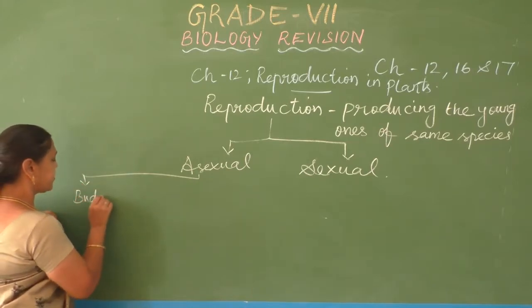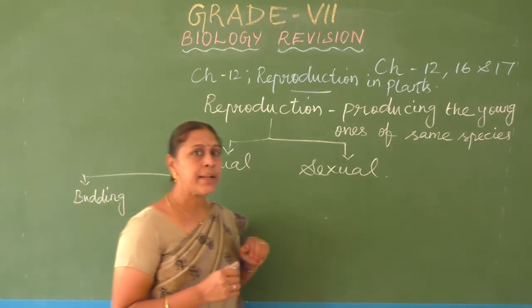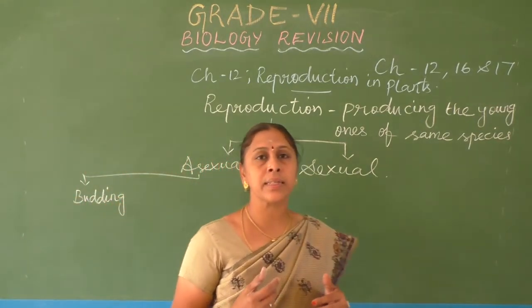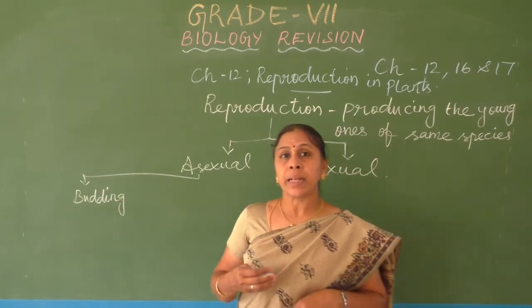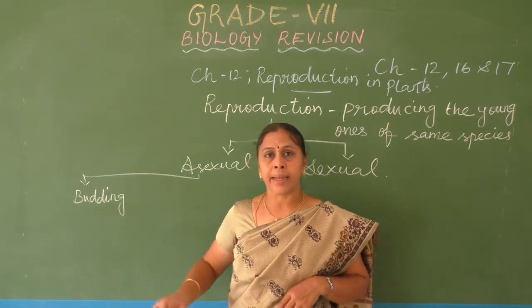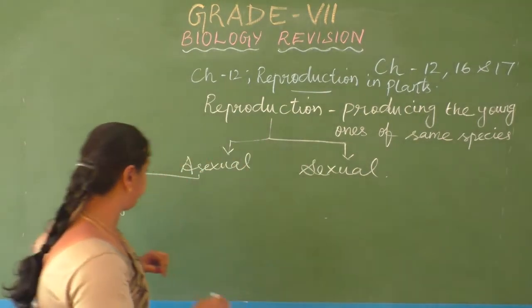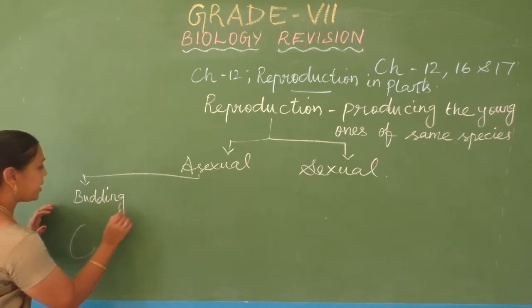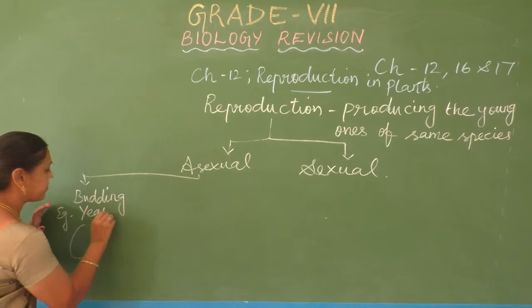Budding. Hope you all remember that unicellular organism, that is yeast. It reproduces by the process called budding. That means a new bud will arise in case of yeast. Example, yeast.